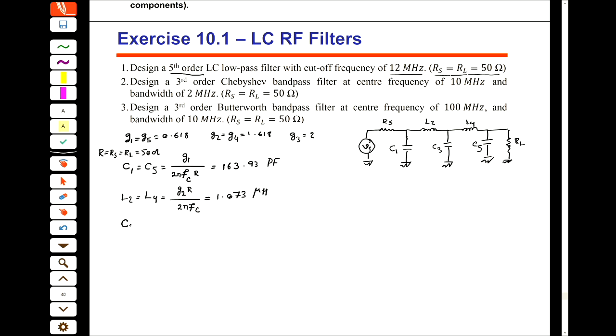And then C3, again similar to the first one, is G3 divided by 2 pi FC R, and is equal to 530.52 picofarad. Okay, so this is the first part.